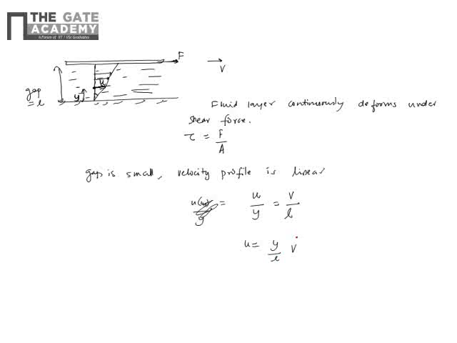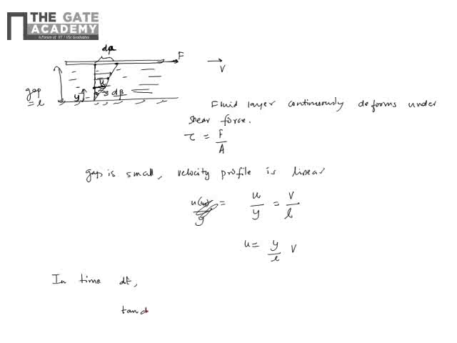Now let's say in time dt, the plate moves by a distance dA, and the angle in time dt is d beta.